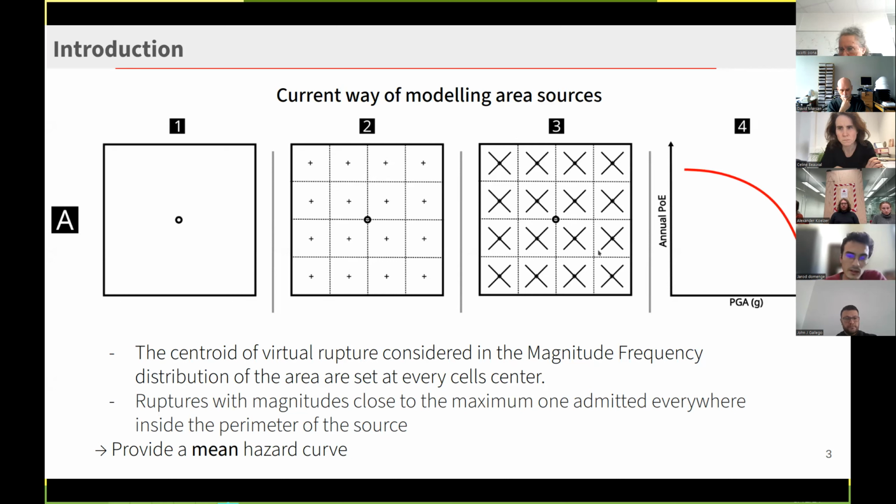But instead, if we take a period of time that is very short, like 50 years, considering that we will have a rupture at every position of this area is unrealistic. And what we want to do is to not use this type of model to compute the hazard.